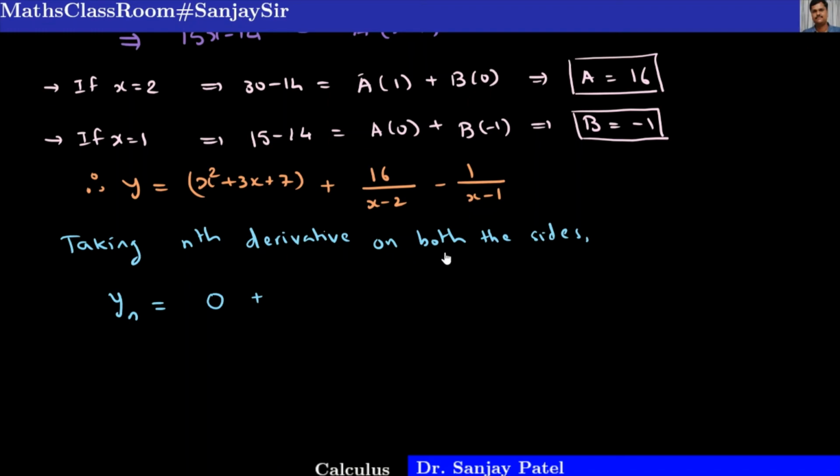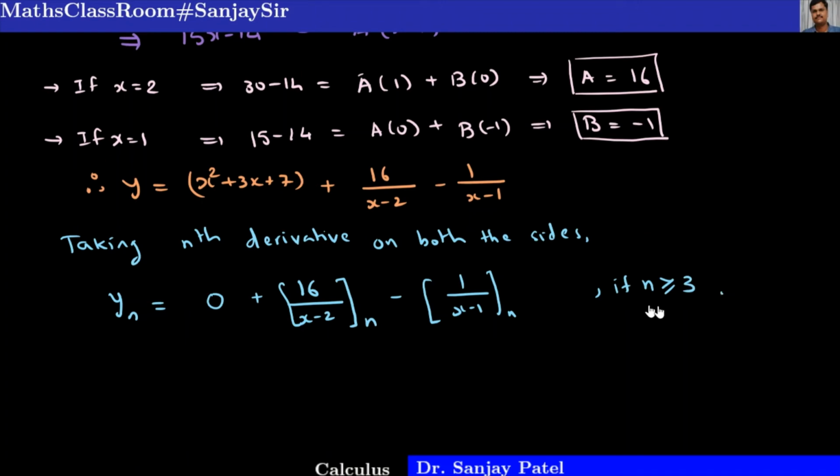If n is 3 or more, the derivative of this second degree polynomial is always 0. So 16 upon x minus 2, its nth derivative, plus, or rather minus, 1 upon x minus 1, its nth derivative. Here we are assuming that n is greater than or equal to 3. This is an important thing.